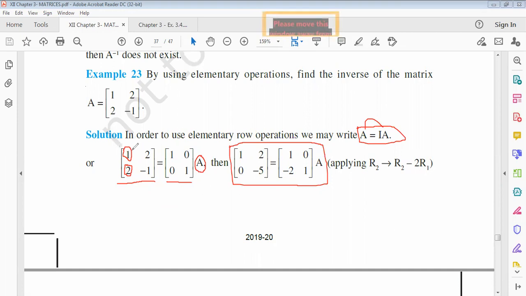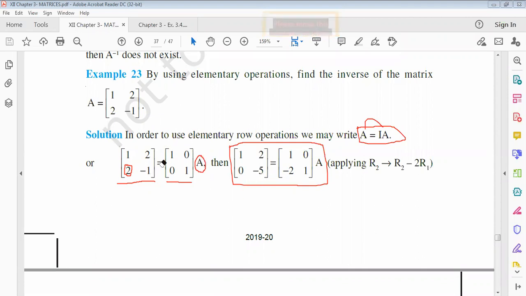That means I multiply R1 by 2 and subtract from the second row. So 2 minus 2, this element becomes 0. Then this element is again multiplied by 2, 2 times 2 is 4, and subtracting from minus 1, minus 1 minus 4 is minus 5.